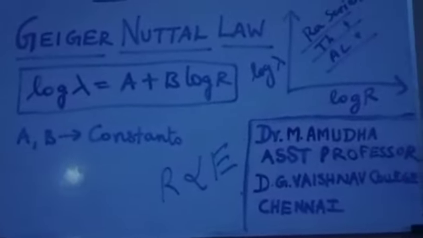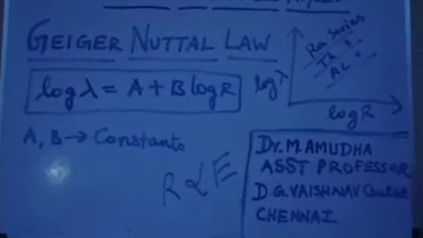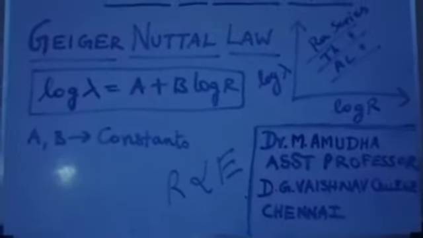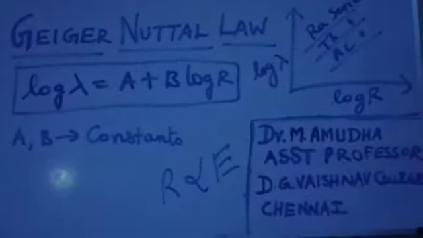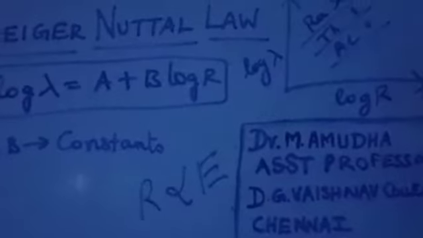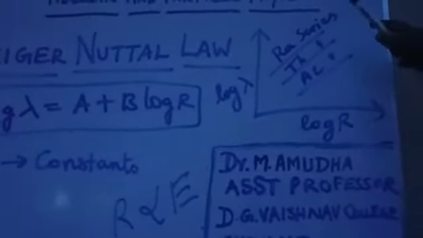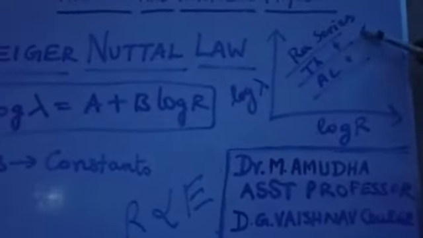So the element having long range emits higher energy alpha particles. From this relation it is concluded that the constant A is different for the different series, but the constant B is the same for all three radioactive series, radium series, thorium series and actinium series.